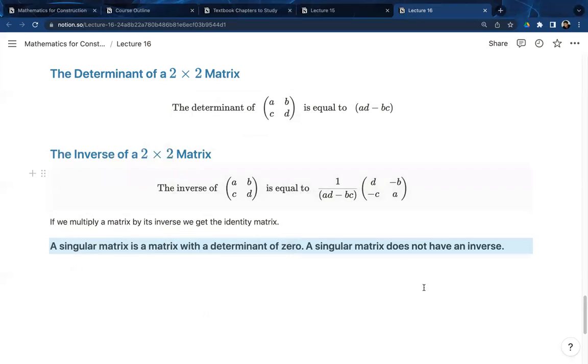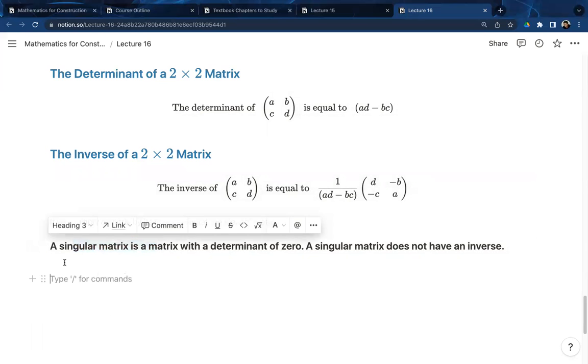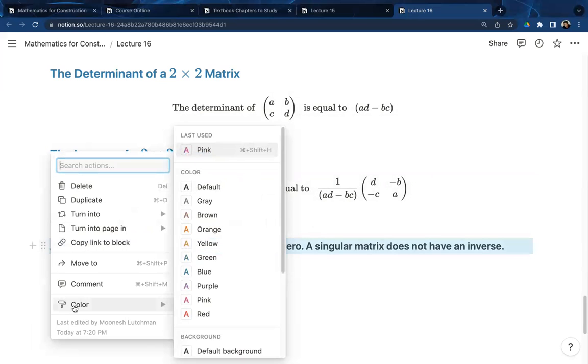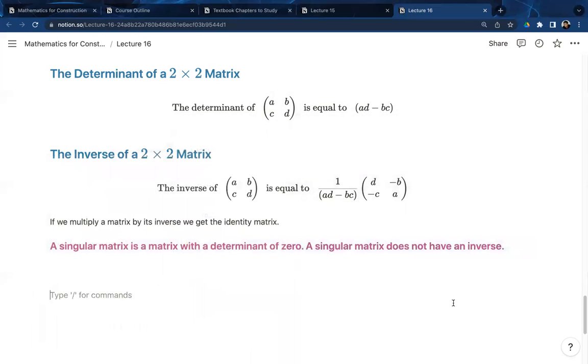Singular matrices are matrices where the determinant, which is this value here, is 0. Obviously, if the determinant is 0, 1 over 0 is not a number, it's indeterminate, so that wouldn't have an inverse. So just be mindful of this here. Let's put it in a nice color.